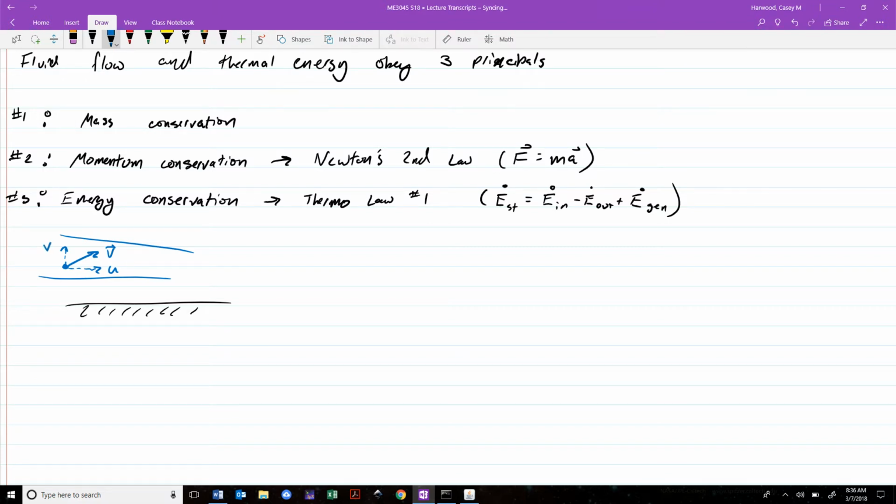So, a 2-dimensional velocity field, u and v. That's all I want to point out here in terms of nomenclature. The assumptions we're going to be using here are 2D flow. It's very easy to extend to 3D from this case, but we'll stick with 2D for now. And incompressible flow.